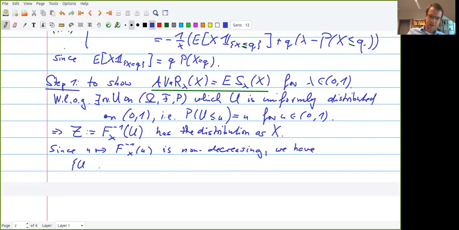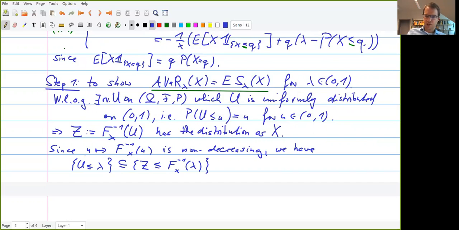And what else do we see? If we look at the event that U is less than lambda, this is included in the event that Z is less or equal than the inverse of the distribution of X applied to lambda.